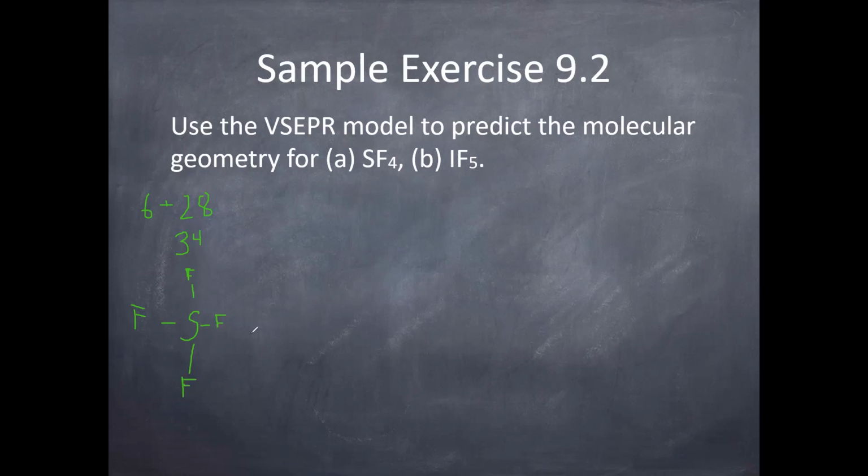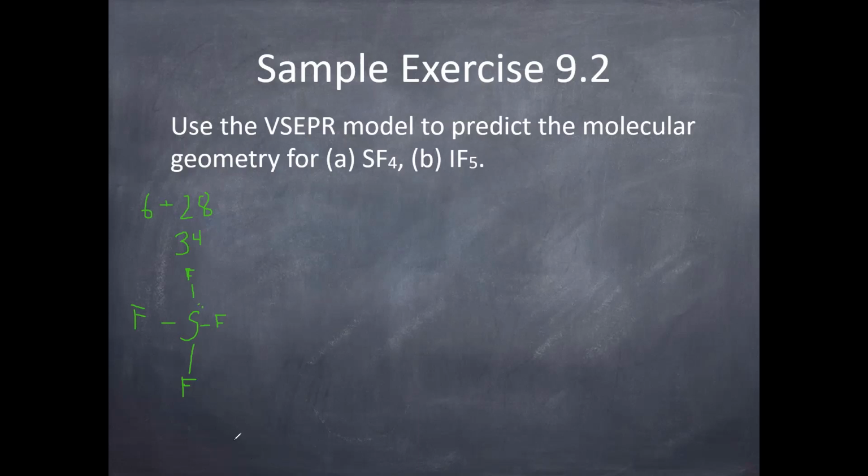Okay. And then for this one, just because the dots don't really come out very well, I'm not going to draw in the valence shell for fluorine, but each of them will have 6 more electrons around it just to give it the 8 it needs to fill its valence shell. So we'll have 6, 12, 18, 24, 26, 28, 30, 32.